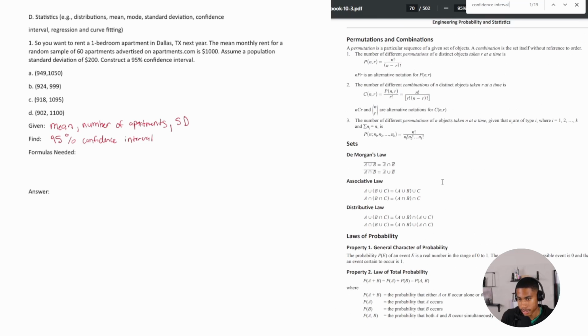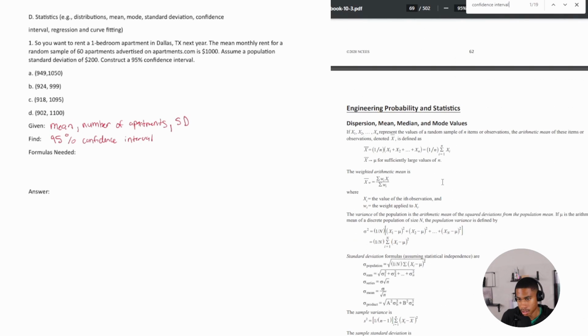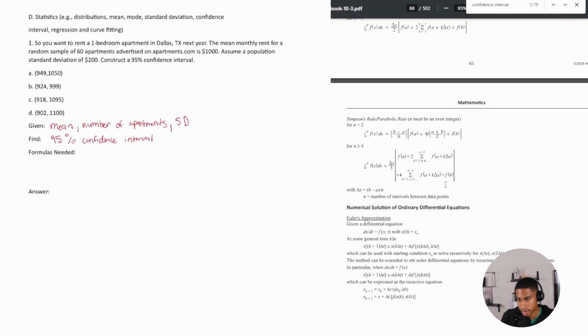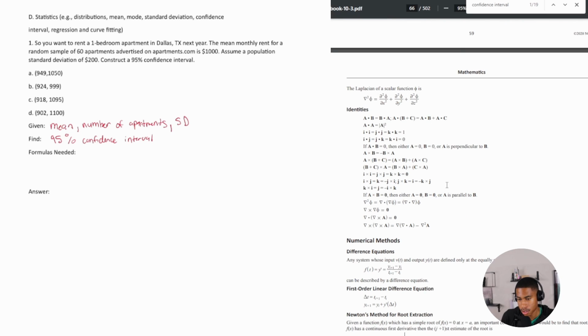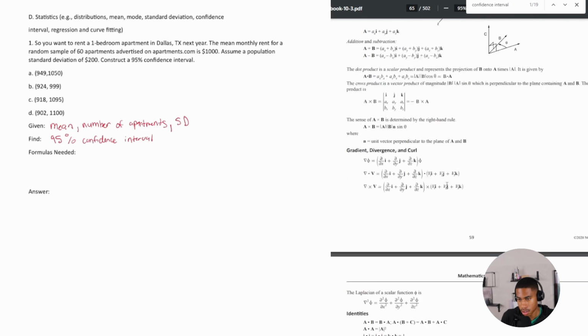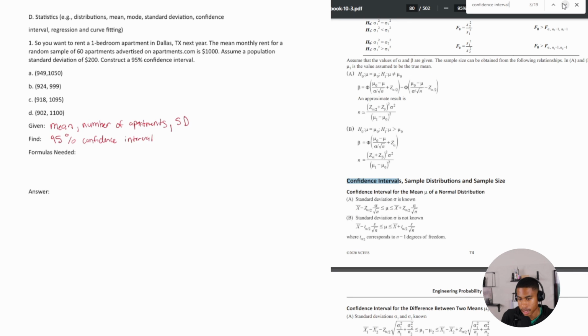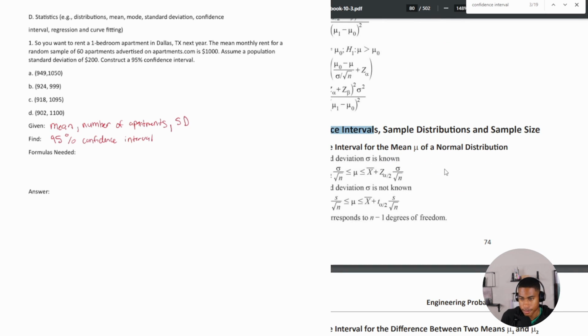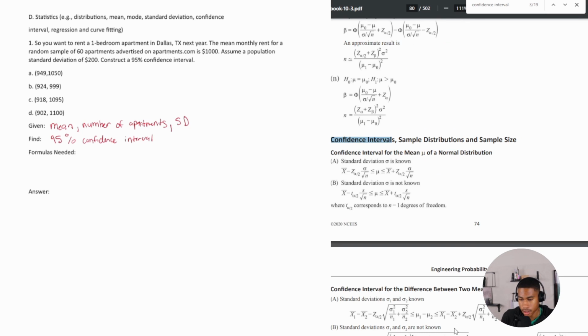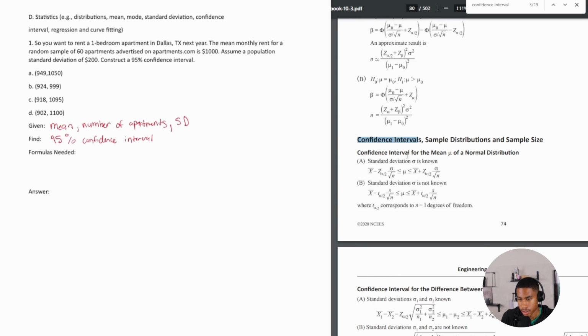Sometimes you'll have to scroll up to see what some of this stuff even means, right? Based on them not even sharing with me what any of that means. Okay. So I think I'm getting a little bit warmer, right? This one says, I'm going to type in confidence interval, sample distributions, confidence interval for mean of a normal distribution.